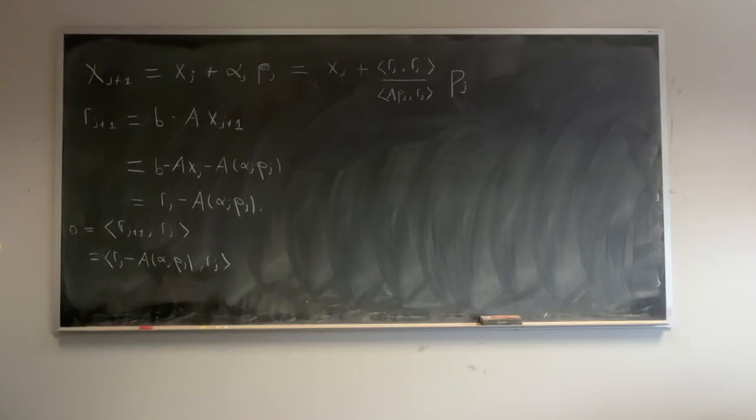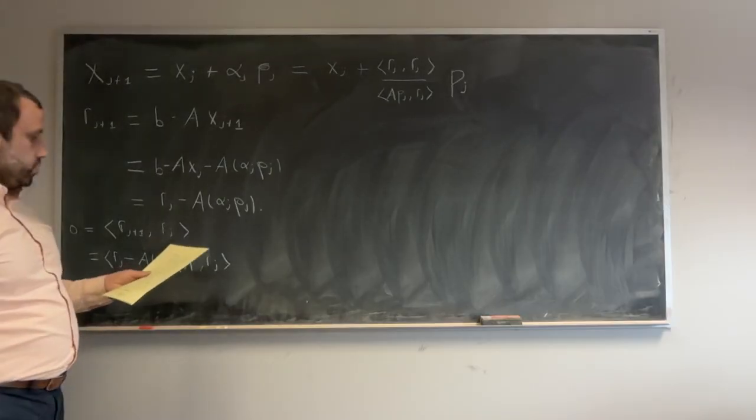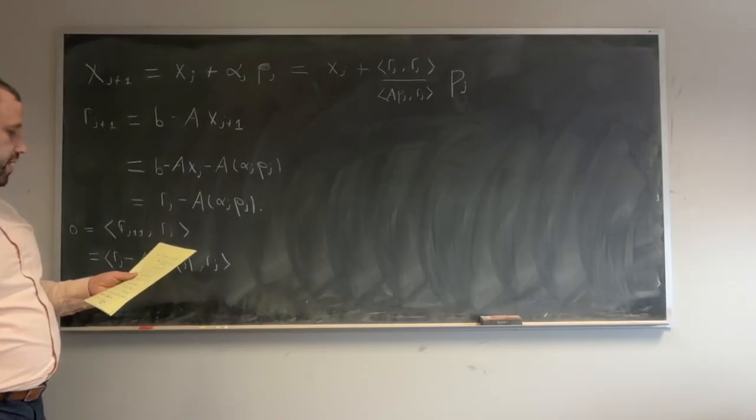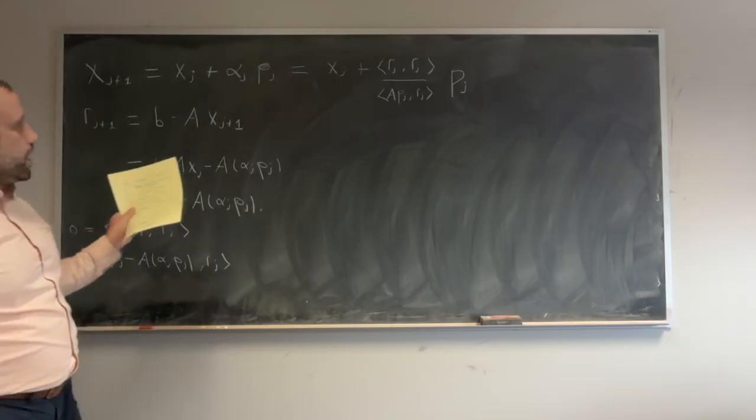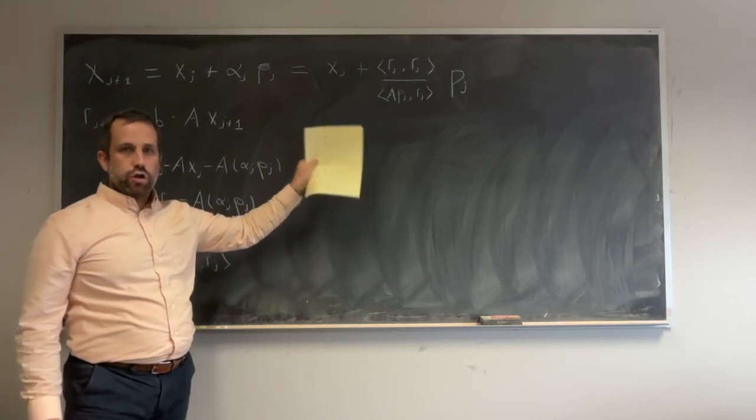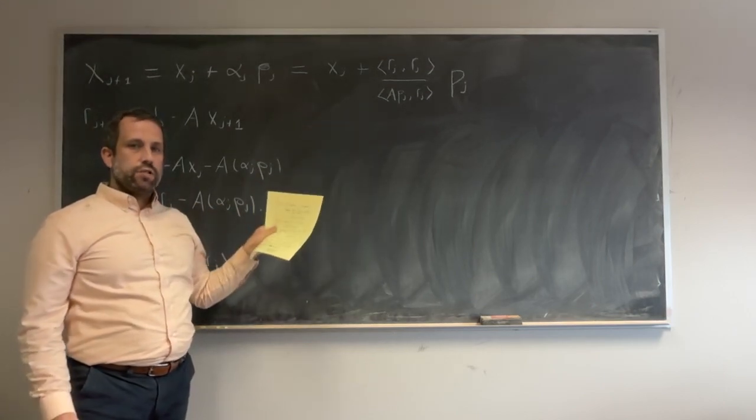So what we want to say now is, what about the p_j vectors? Well, if I want to look at p_{j+1}, our indices are a little bit different than in the D-Lanczos version.